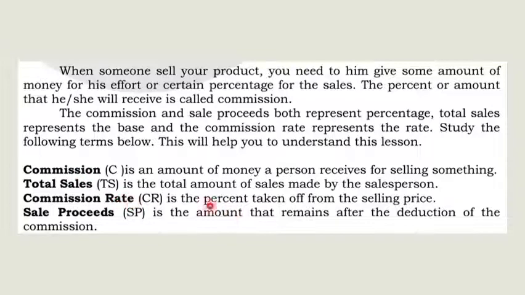So, syempre, rate uli. So, ito yung percent taken off from the selling price. And sale proceeds or yung SP, it is the amount that remains after the deduction of the commission. Yung total sales, kasama po yung selling price at saka yung commission. So, total nyo lang to, makakuha natin yung total sales. Kaya nga siya total. So, kung sa total sales na yun, binawas natin, tinanggal natin yung commission, makukuha natin yung SP or yung sale proceeds.